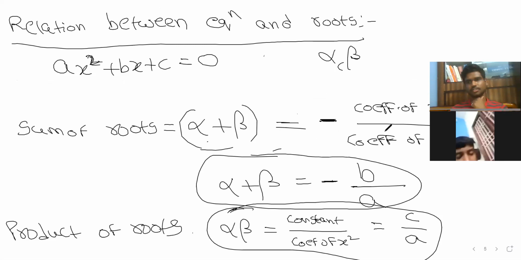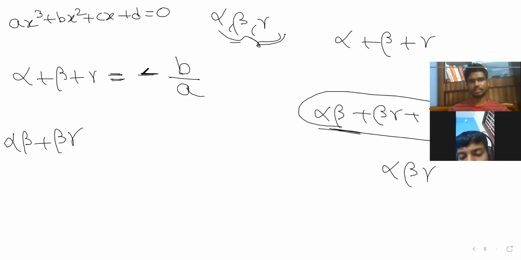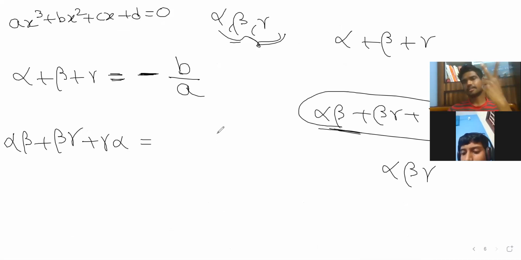So it is always the coefficient of one power less than x by the coefficient of the degree. That is for the sum. That's why you got minus b by a. Now for the sum of the product, alpha beta plus beta gamma plus gamma alpha, or alpha gamma, we can take it any way. It goes on alternating signs: minus, plus, minus, plus.